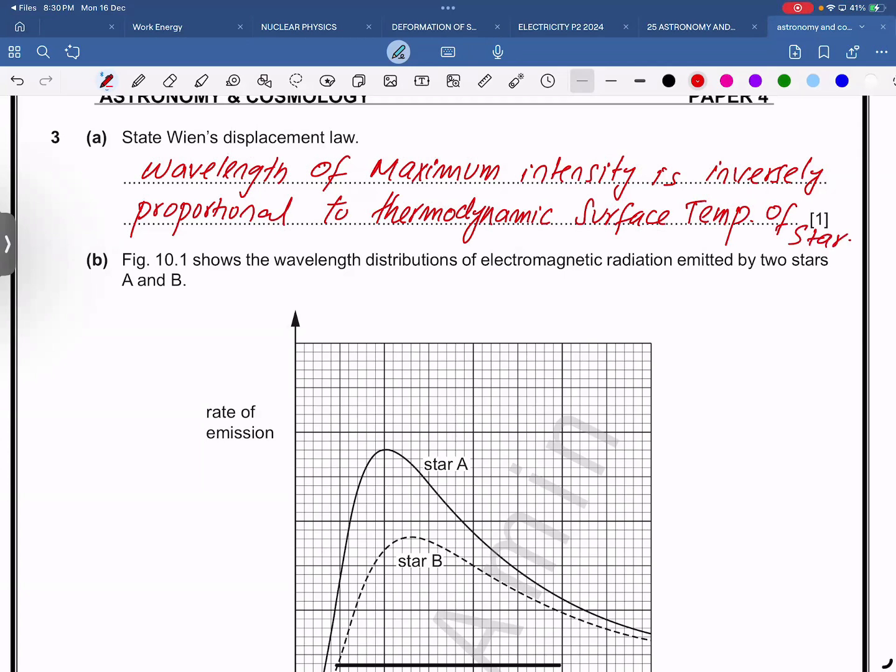I just added thermodynamic to make sure it is in the Kelvin scale. Otherwise, it's fine.